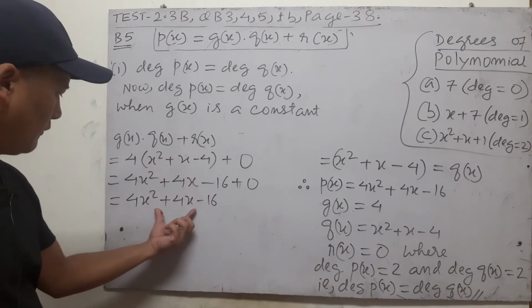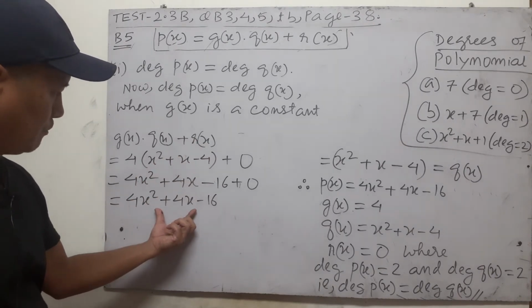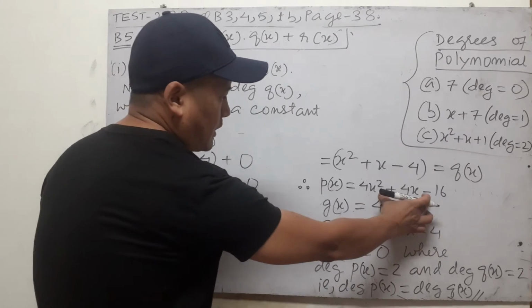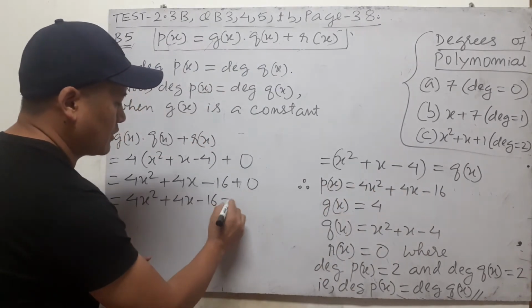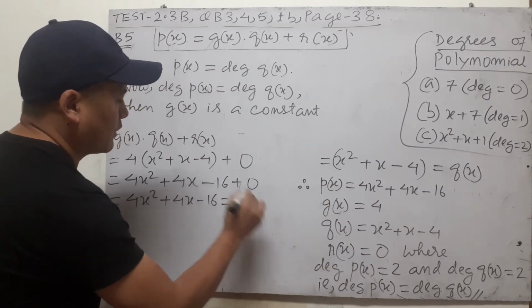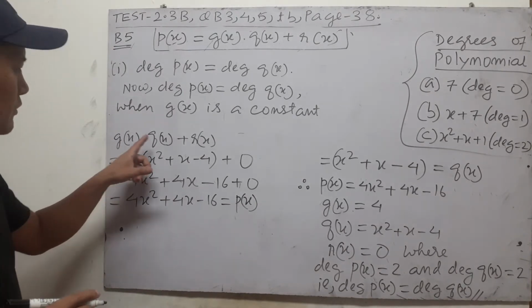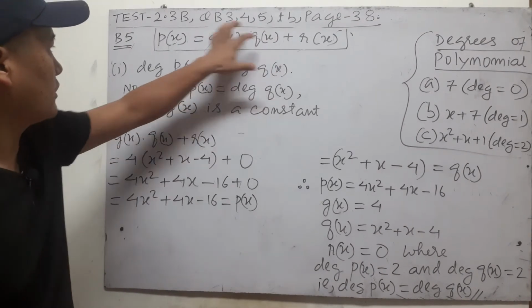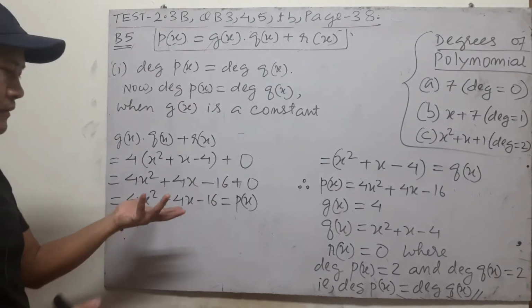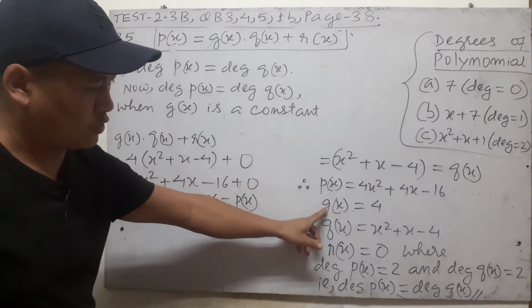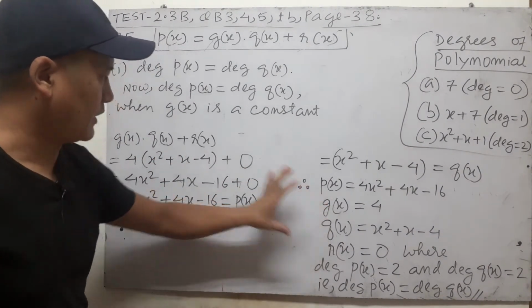Finally we got 4x squared plus 4x minus 16, which is exactly the same as p of x. So we can just write here p of x. So we have proven g of x into q of x plus r of x is equal to p of x. We find that our choice of p of x, g of x, q of x, r of x is satisfying the division algorithm.